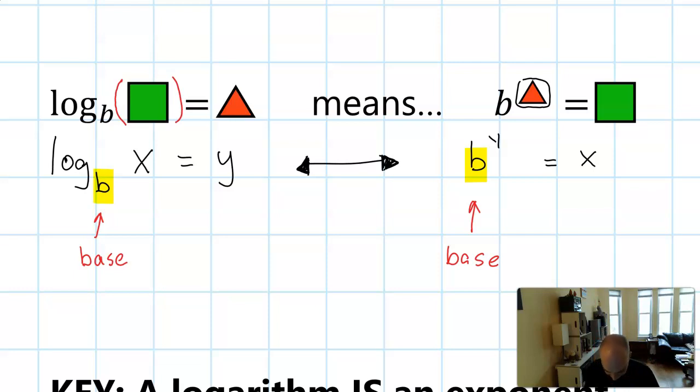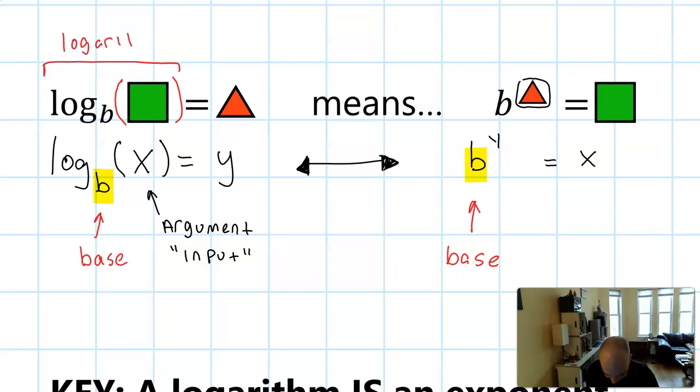Now, on the left side over here, the thing that's inside the log, after the base, I would call that the argument to the log, and you can think about that as being the input to the log as a function. We're taking the log of something. Well, that thing that's inside there is the argument of the log. And then we can call the whole thing the logarithm.